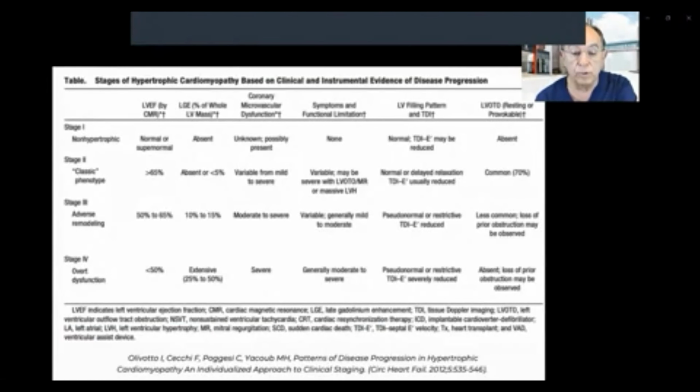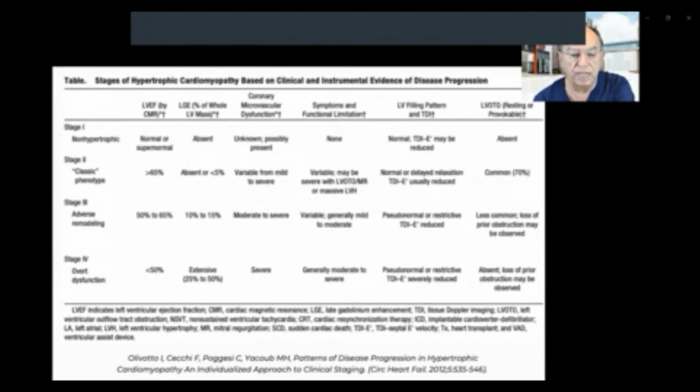So the usual ejection fraction of the left ventricle is more than 65%. But with a long time of evolution, it's possible to develop these two stages.